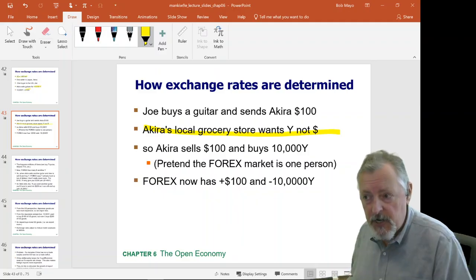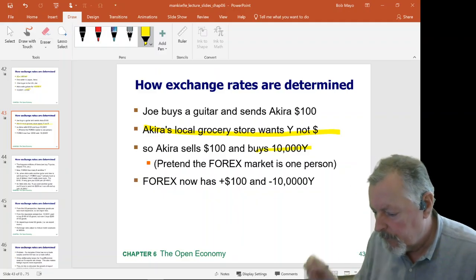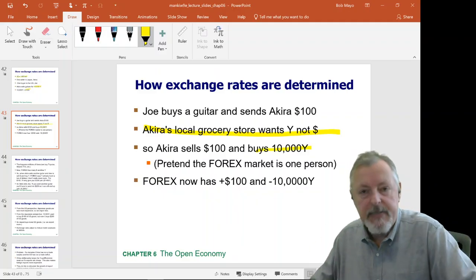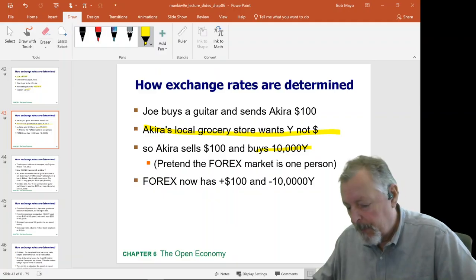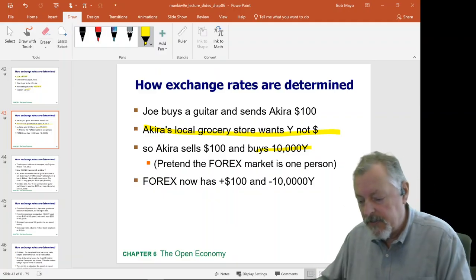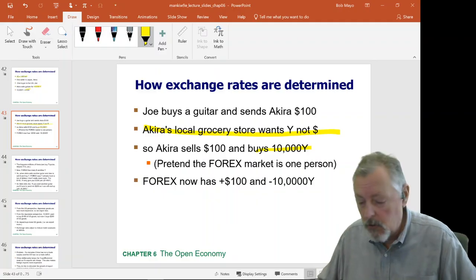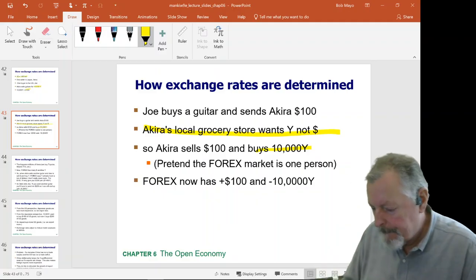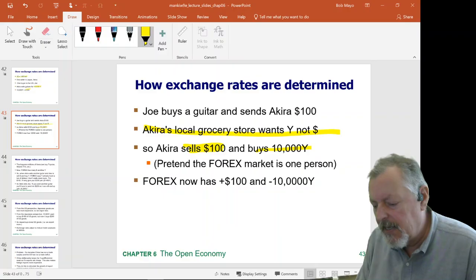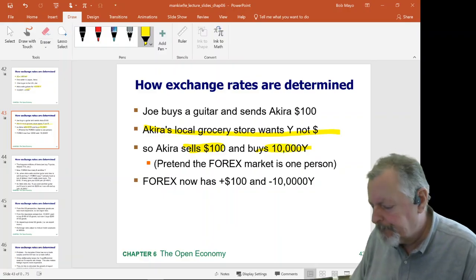And at the current exchange rate, Akira gets 10,000 yen. So now Akira has 10,000 yen, Joe has a guitar, all is well in the world. Akira is essentially selling the dollars and buying yen.